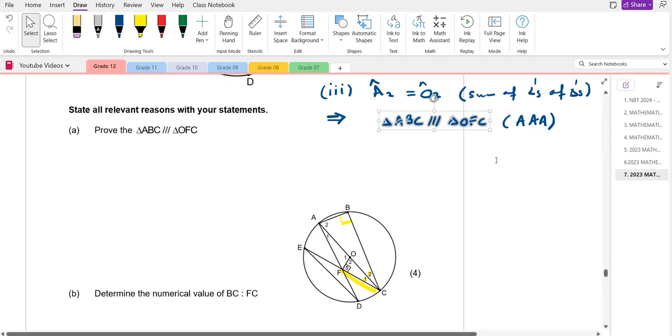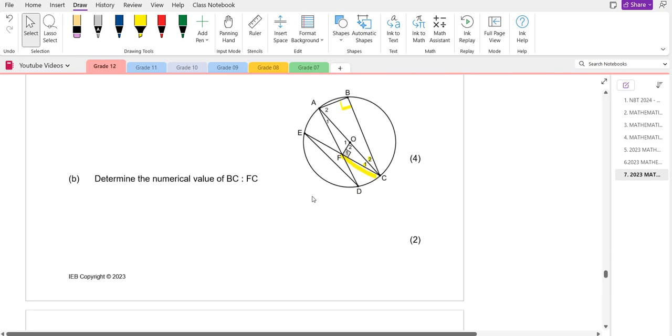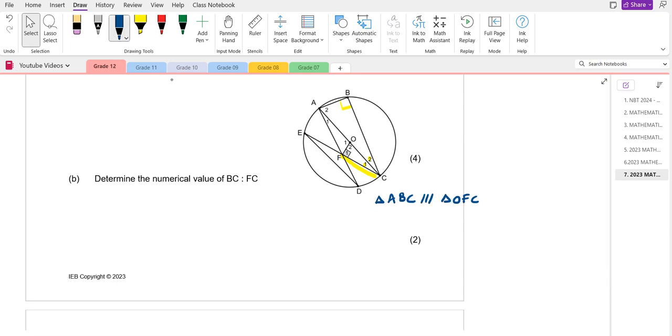From similar triangles, we know that the sides are in proportion. So I just want to see what we need to take. Remember, we need BC to FC. So BC is to FC. And what else do we need? Do we have AC? Yeah.